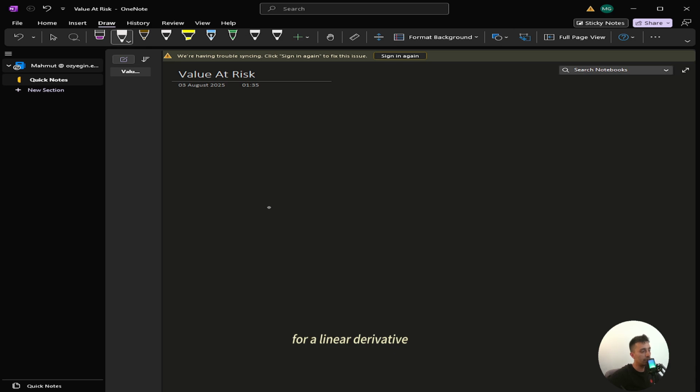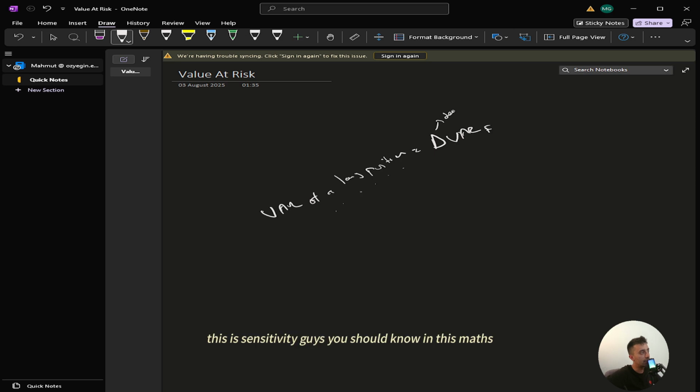And value at risk for a linear derivative: in general, the value at risk of a long position in a linear derivative is VaR of a long position, guys. The long position formula is delta times value at risk of F. F means futures, guys. This is the linear derivative and this is our formula, and this is sensitivity.